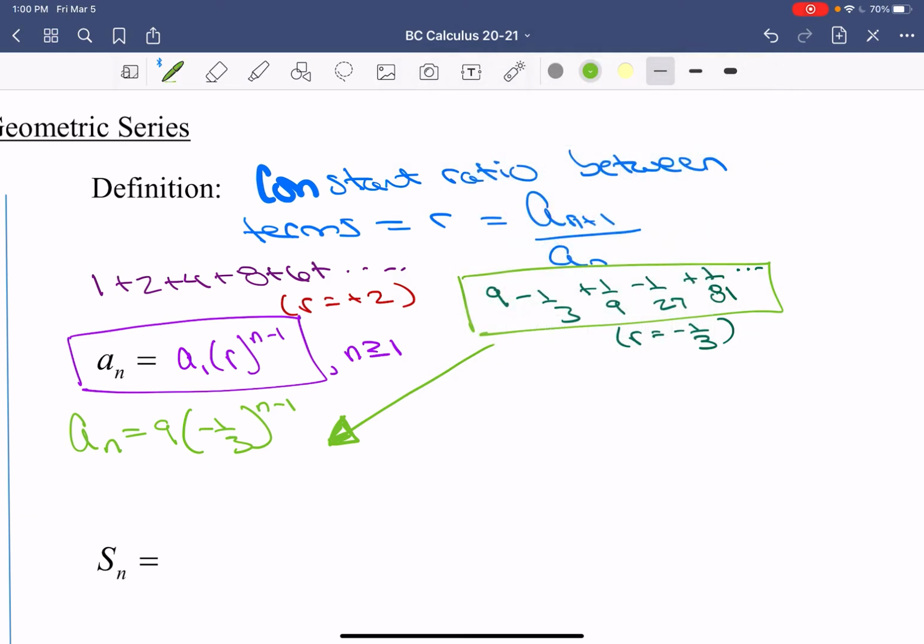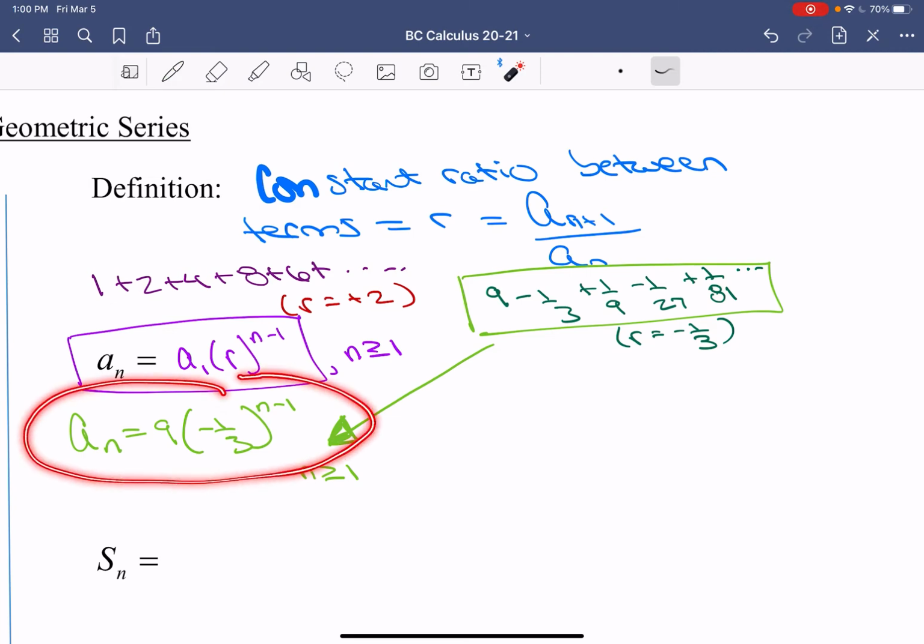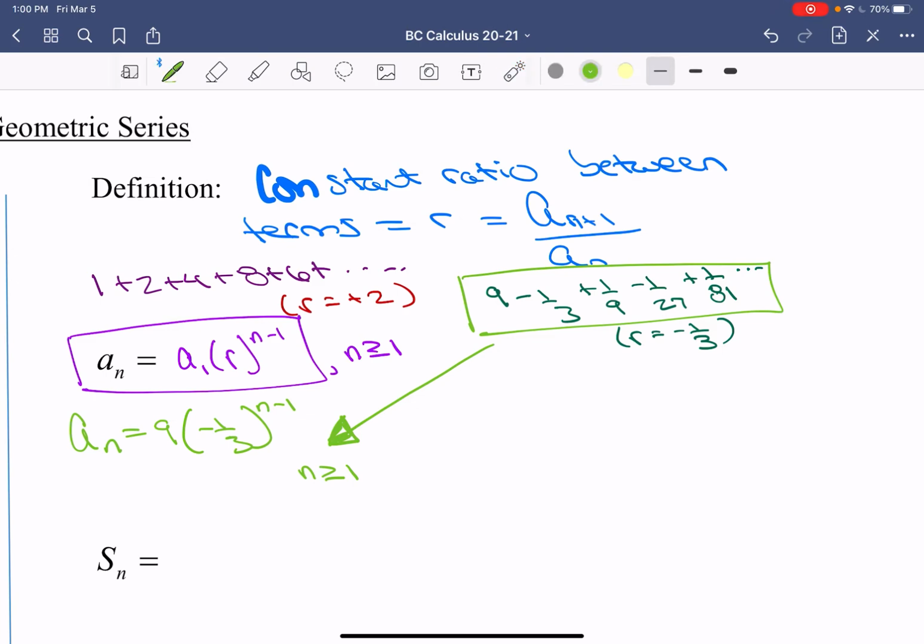This expression right here is a formula for the nth term of this series. So I could, if I wanted to, find the 21st term of that series. Now, I'm not going to actually do this out. Maybe you will. But if I wanted to find the 21st term, I'd have to compute this number. That would give me the 21st term.